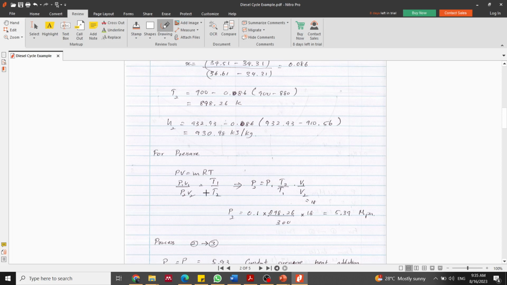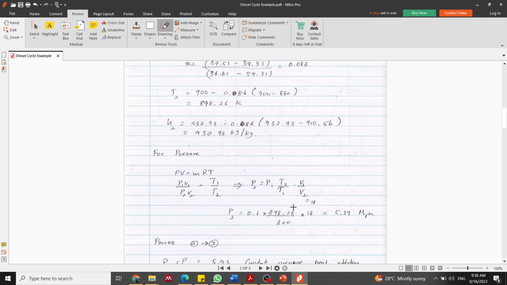Again M is constant, therefore M's cancel out, and we are left with P1 V1 over P2 V2 equal to T1 over T2. V1 over V2 we know is 18 because it is the compression ratio.